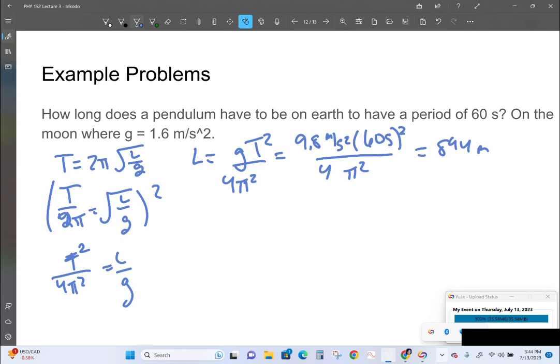And on the moon, now, actually, gravity on the moon is 1.6 meters per second squared times 60 squared all over 4 pi squared.